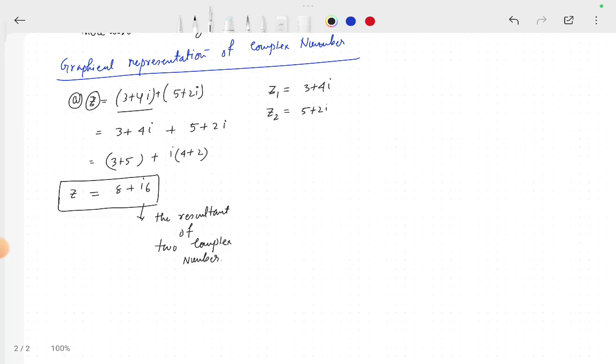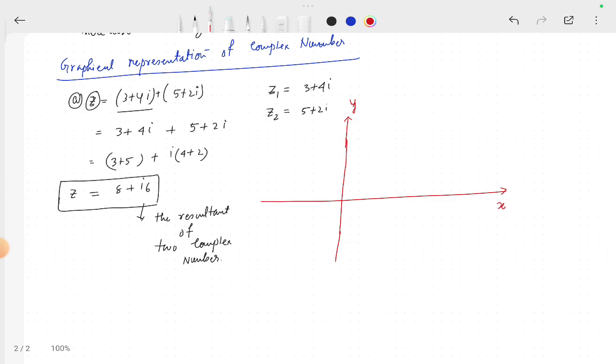Understood? So first of all, we are here to represent the complex numbers Z1 and Z2. This is the axis X and this is the axis Y, the imaginary axis iY.